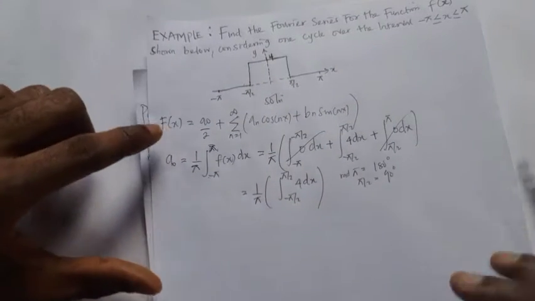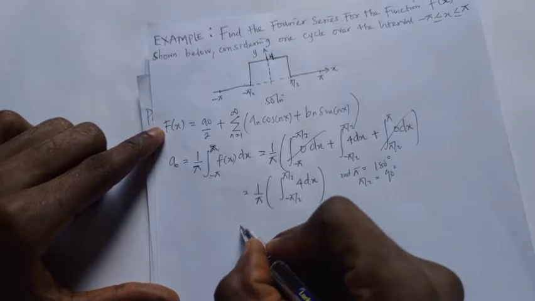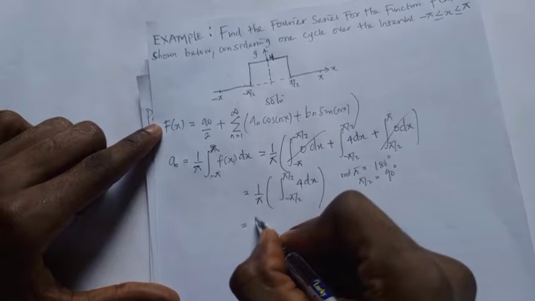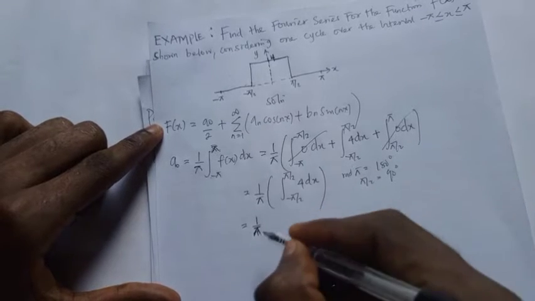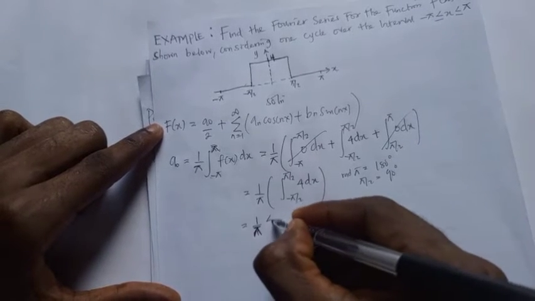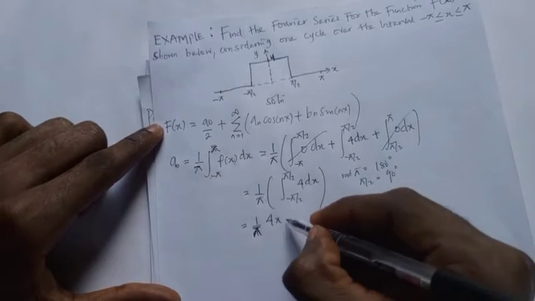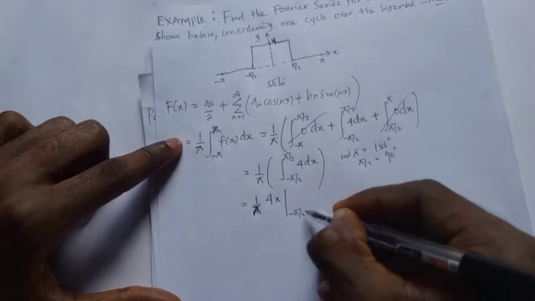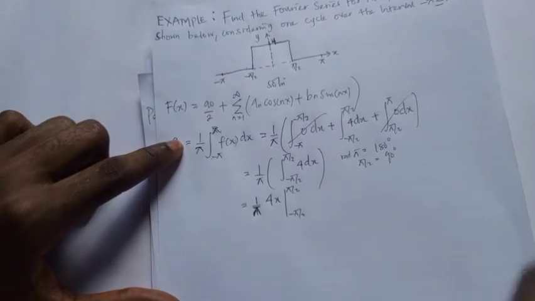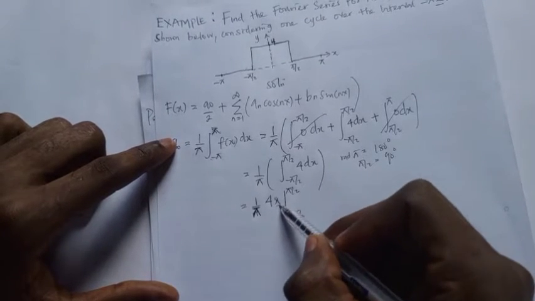So let's continue. Now from here, if we integrate 4, the integral of 4 gives us 1 over pi times 4x. If you integrate 4, you are going to have 4x. Of course, the integral is from the limit of minus pi over 2 to pi over 2. So these limits are the values of our x.